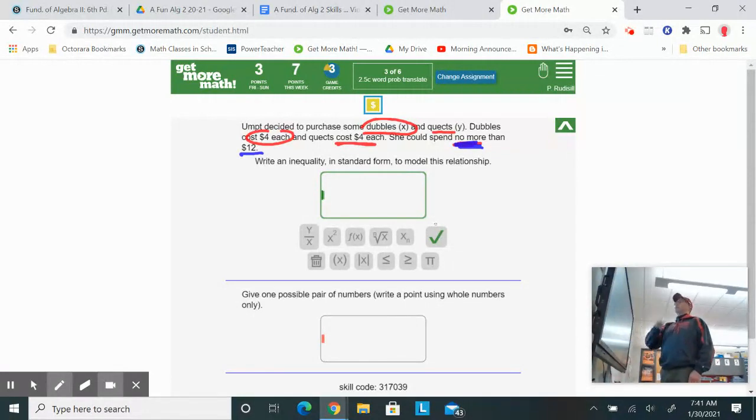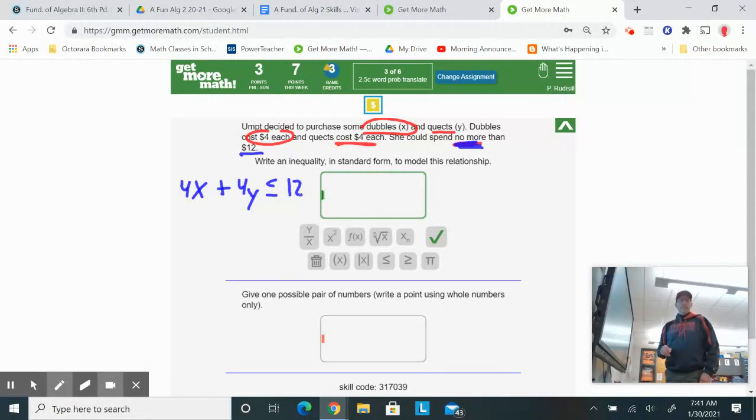So it could be equal to or less than. So the inequality, the doubles, the x's, are $4 each, so that'd be 4x. And cost of $4 each for the quecks, that's 4y. And not more, so it could be less than or equal to 12.